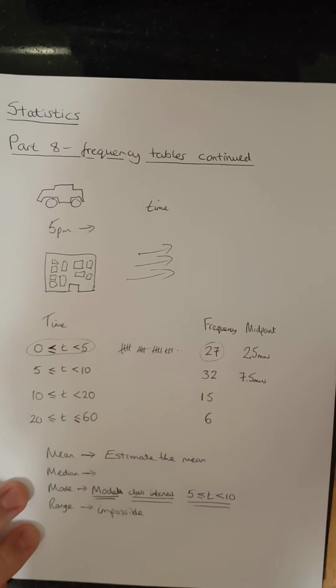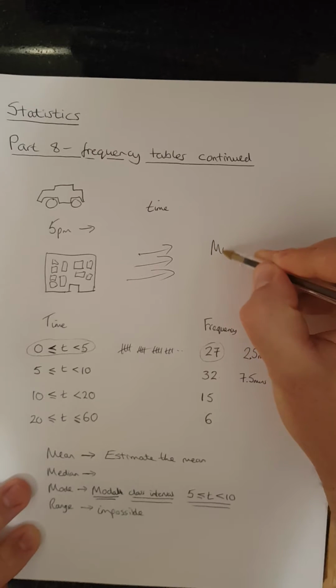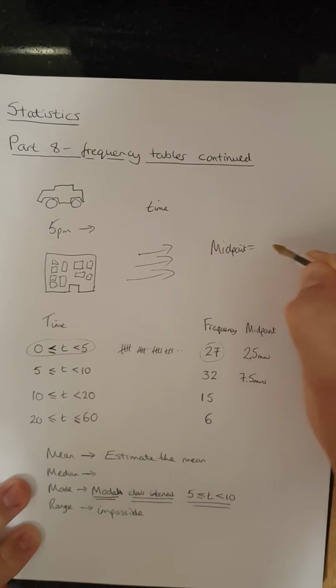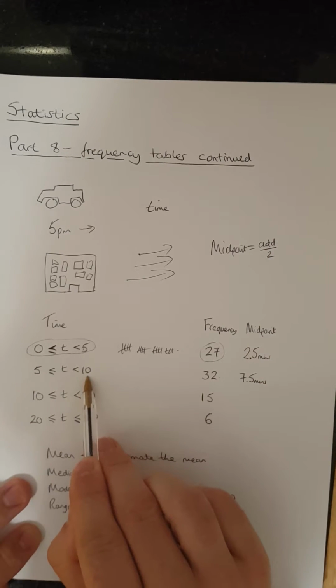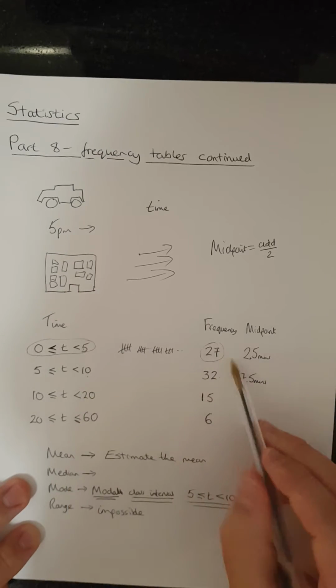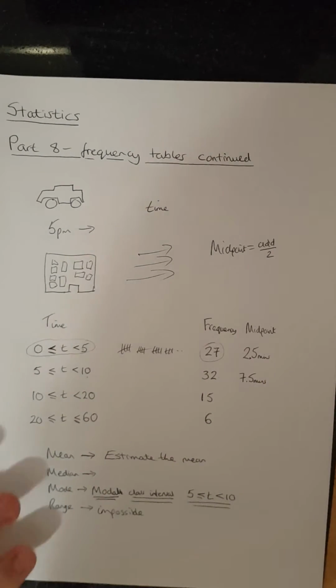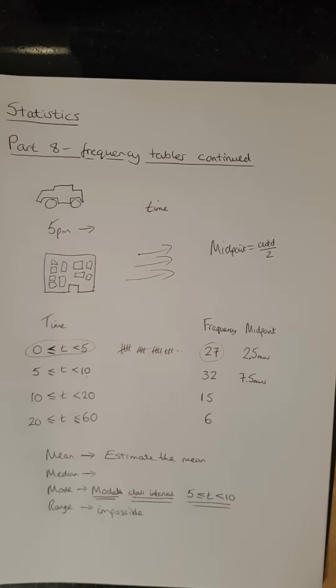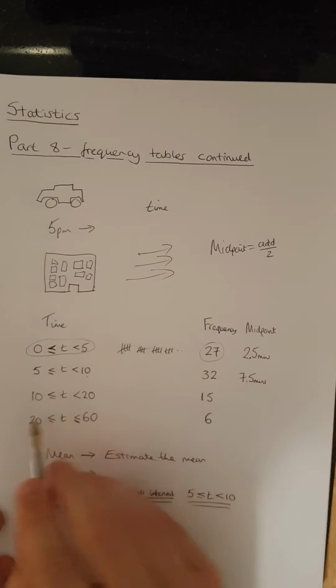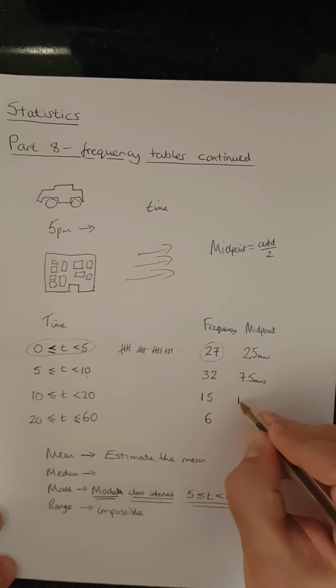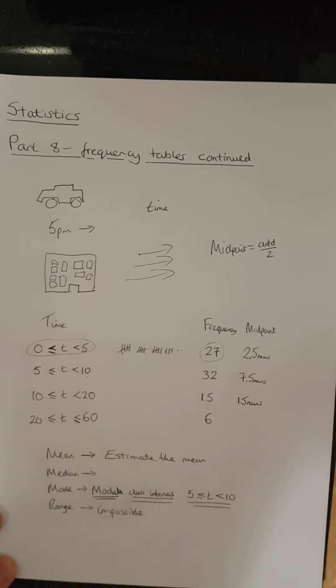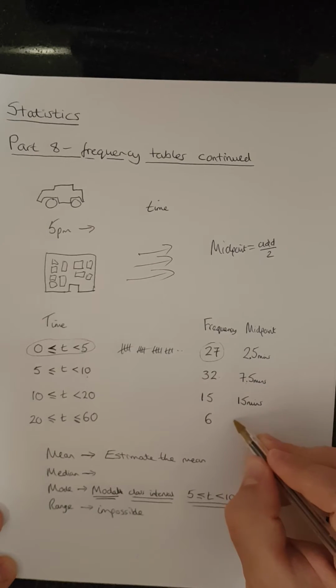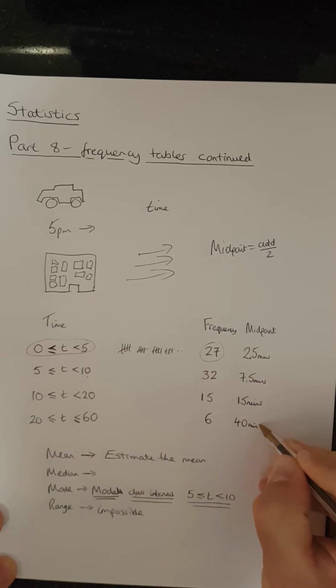7.5 minutes. Now, if you want to find the midpoint of two values, you add them and divide by 2. So 5 add 10 is 15, divided by 2 gives you 7.5. Do the last two midpoints now. So 10 add 20 is 30, half it is 15. 20 add 60 is 80, half it is 40.